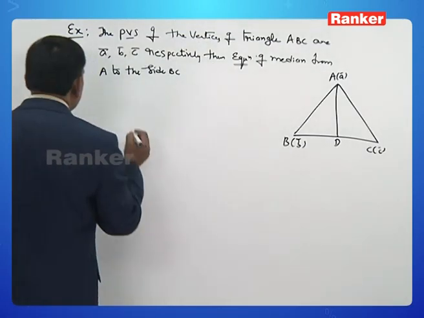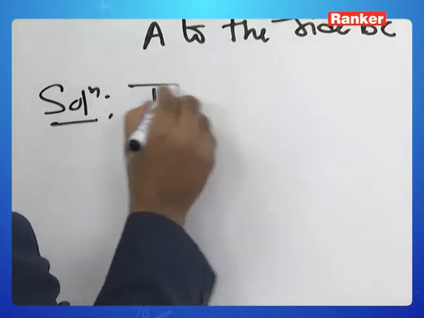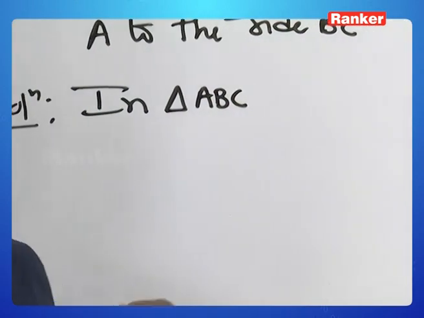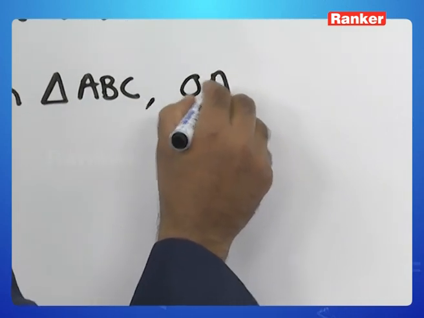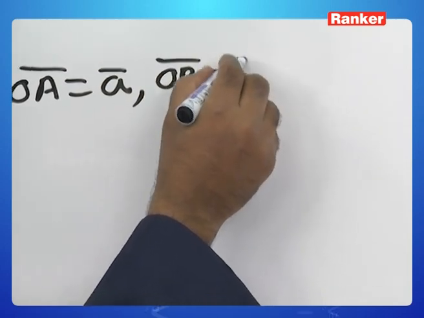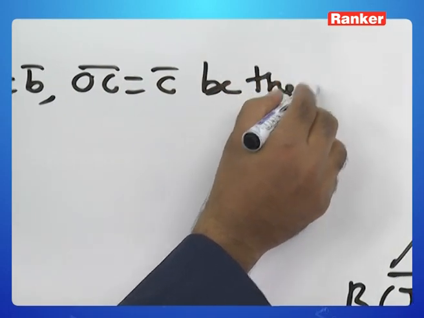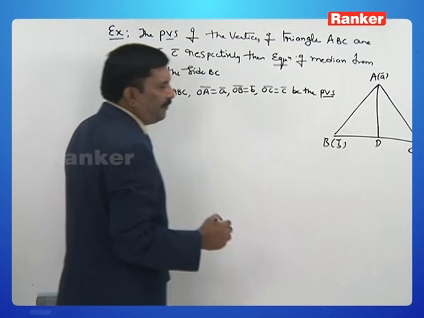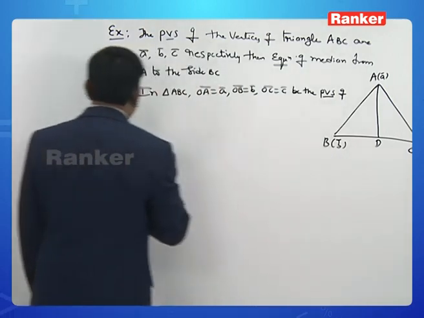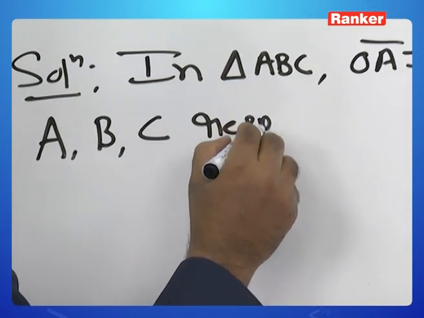Now I take the solution. In a triangle ABC, OA bar is equal to A bar, OB bar is equal to B bar, OC bar is equal to C bar, be the position vectors of capital A, B, C respectively.